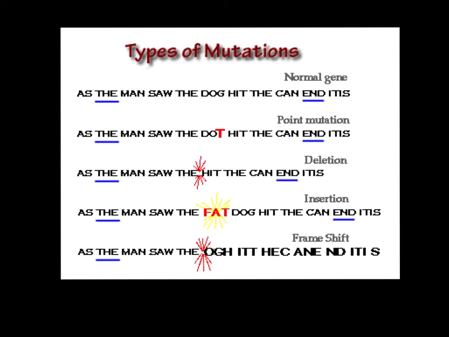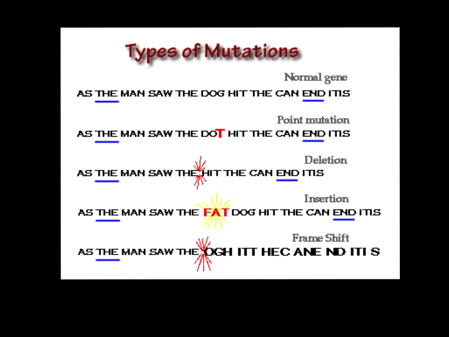That end cuts off, right? If I have a point mutation or a missense, we are replacing a letter. So the man saw the dot hit the can. If I have a deletion, I can say the man saw the hit the can. I think he's illiterate.